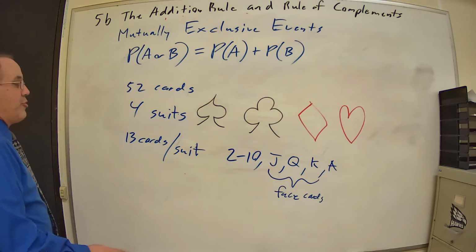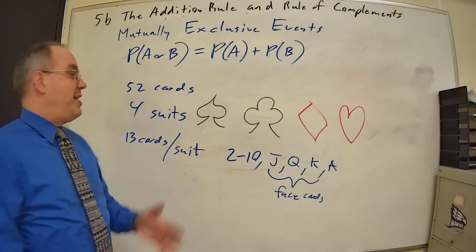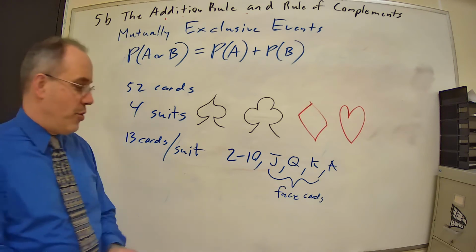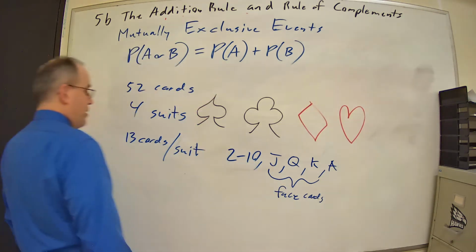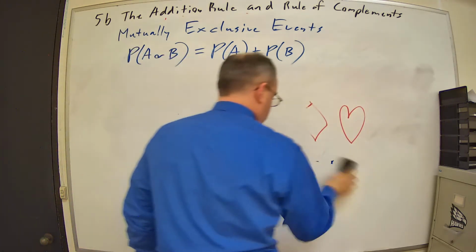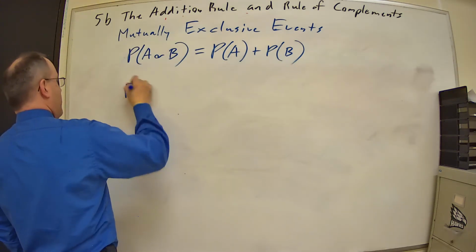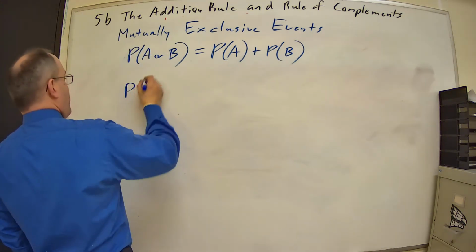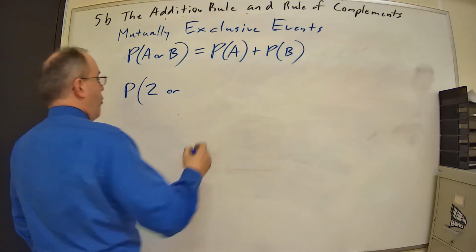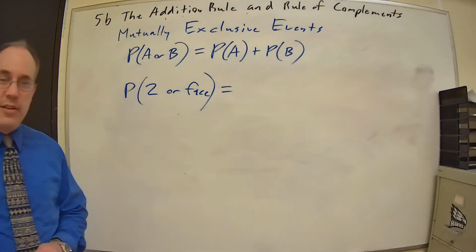Okay? I introduce you to this because for probability, cards work great. They make it very easy to show a number of things. So now that I've given you that, let's find the probability that you pull either a 2 or a face card from a deck of cards.